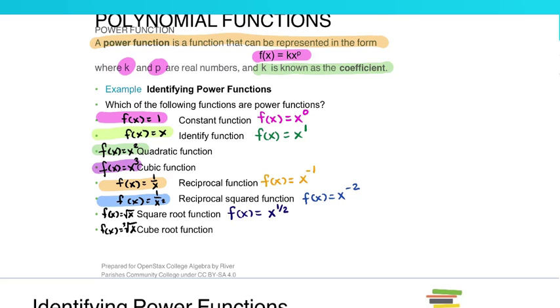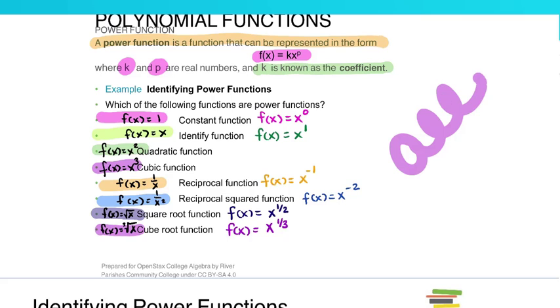So f of x equals x to the 1/2 is the same as f of x equals the square root of x. And then that means that the cube root of x is the same as f of x equals x to the 1/3. So there you have it. We can write all of these as power functions. So all are power functions.